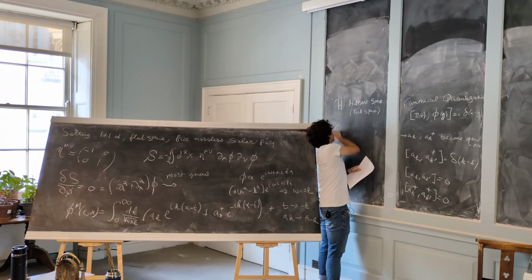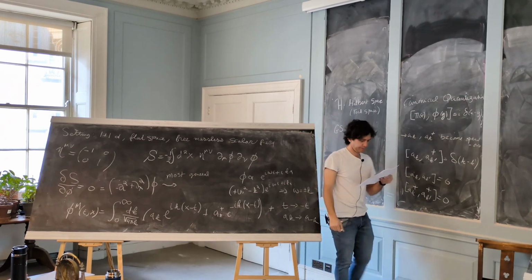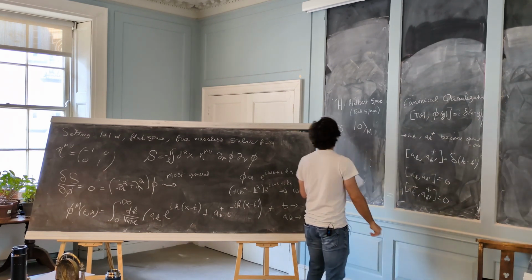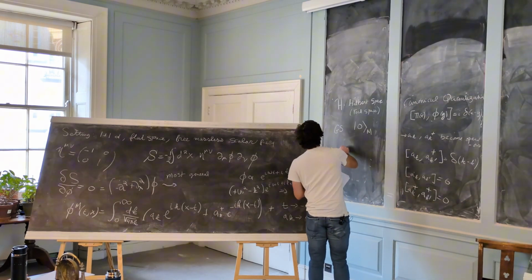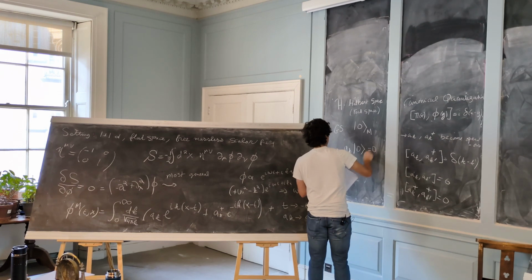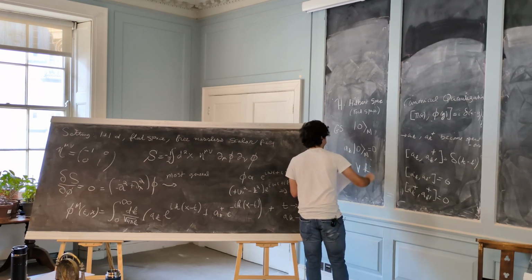And there's a ground state, which I'm going to call O Minkowski. It's chosen such that A_k on O Minkowski equals 0 for all k.